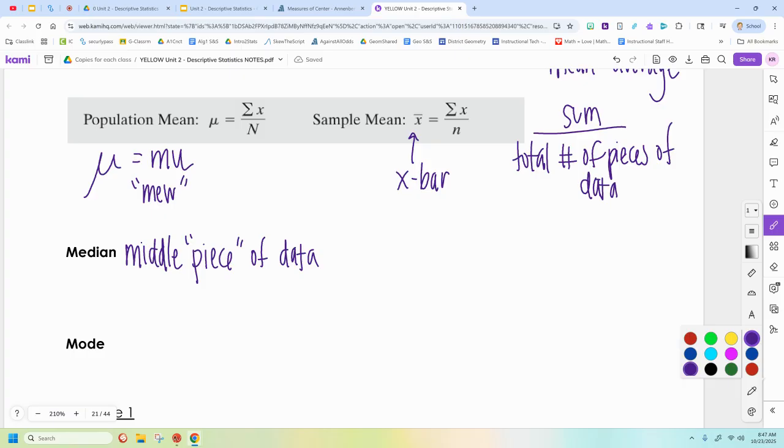But the thing that we like about a median is that it puts 50% of data in the lower half and 50% in your upper half.